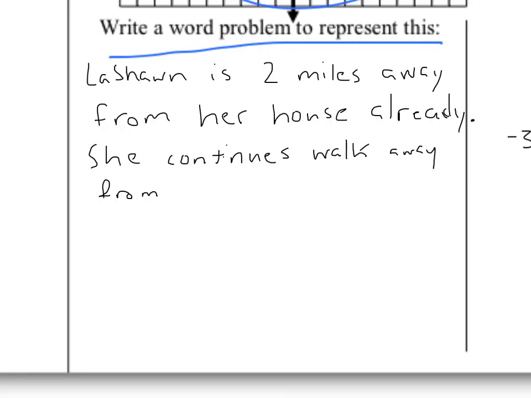So she continues to walk away from her house at 3 miles every 2 hours. This is where it's clear to me that she's not really working very hard to get away from her house because she is walking really slow.